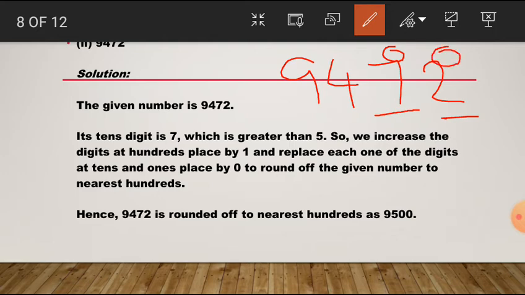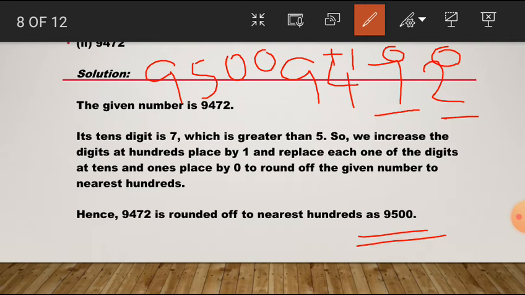Okay, replace it by 0. And then, one more thing you have to do, that is add 1 to the hundreds place. Okay, so this number will become 9500, that is 9500 will be the rounded number. Got it children? So 9472 we can round off as 9500.